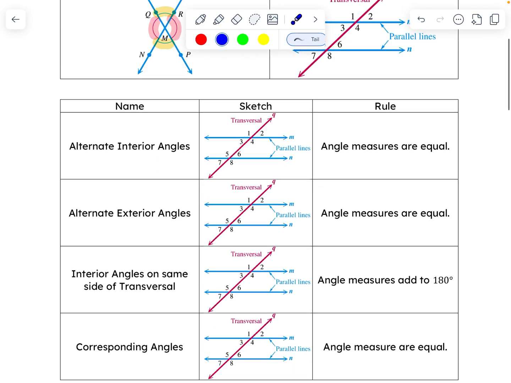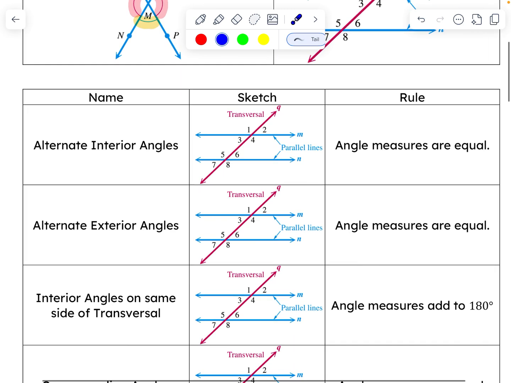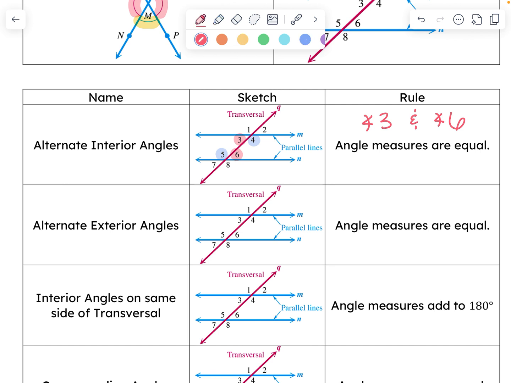So the relationships with our parallel lines, the first ones are alternate interior angles. Examples of those would be angle 3 and angle 6, another example would be angle 4 and angle 5.